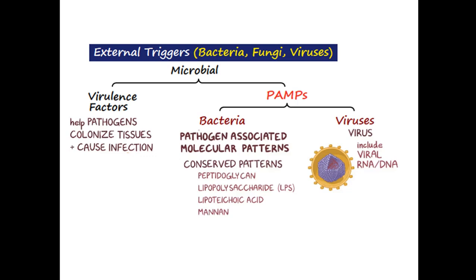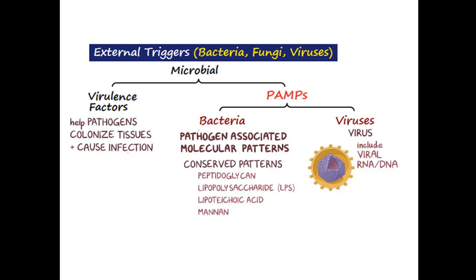It will enter into the cell, and in the nucleus of the cell it will use the DNA or RNA of that particular cell to live and to make replication and to divide. So the pathogen associated molecular patterns in the case of bacteria are mostly the cell membrane components.